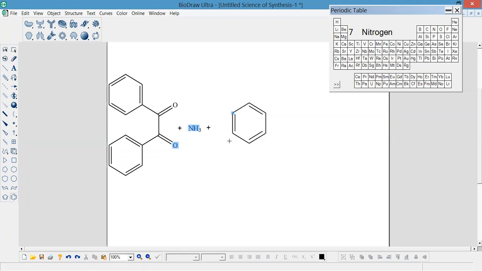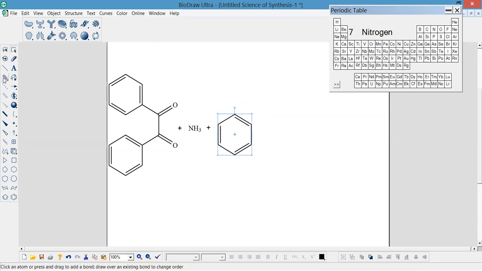The aldehyde is nothing but benzaldehyde. Now make the necessary bonds. The bonds must be connected to each other properly so that the valency of all the atoms is completed, like this.